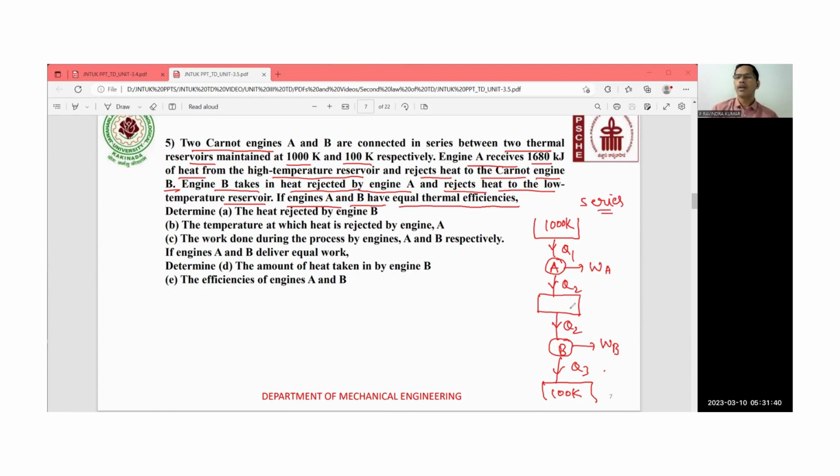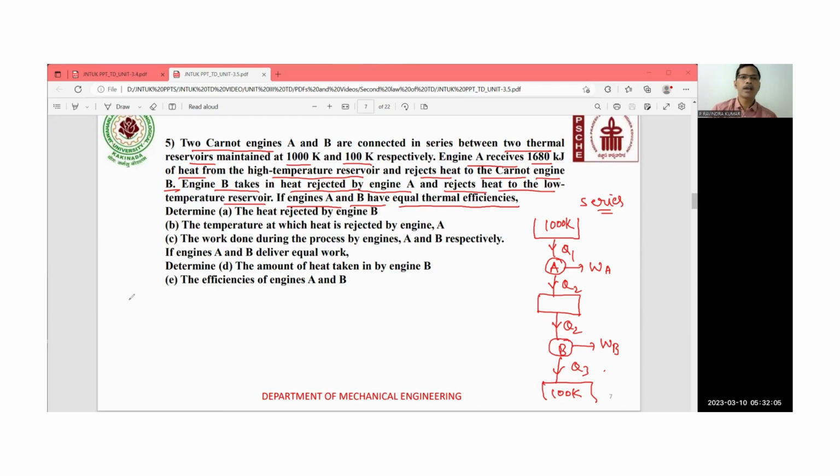See, there could be two engines, or three engines, or four engines, or 10 engines, or 100 engines between the source and sink, right? Whatever the engines may be, what about the heat absorption and what about the heat rejection? That has to be observed. So in this particular case, what is given?